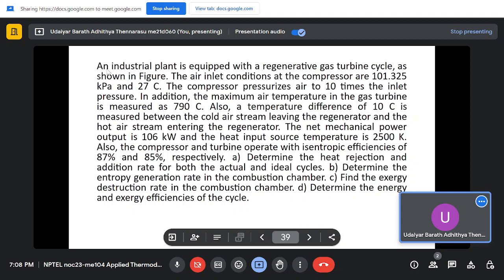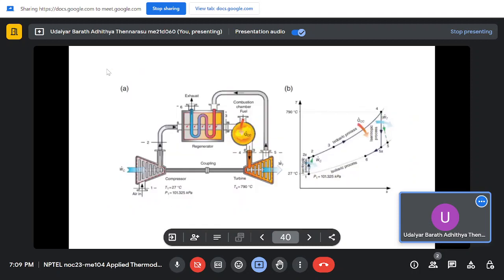Again, isentropic efficiencies are given as 87% and 85% respectively. We have been asked to determine the heat rejection and addition rate for both the actual and ideal cycles, determine the entropy generation rate in the combustion chamber, find the exergy destruction rate in the combustion chamber, and then determine the exergy efficiency of the cycle.